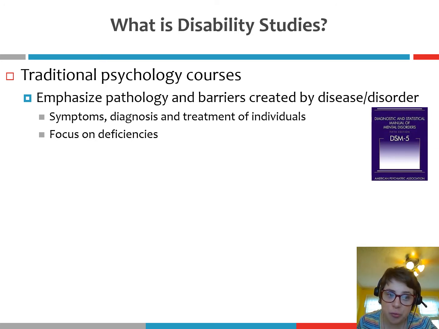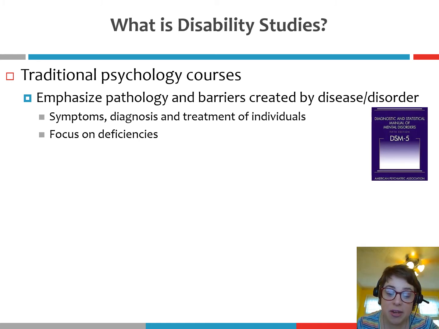So as psychologists, we tend to emphasize, for example, individual symptoms and diagnoses that are reflective of those symptoms. So we do various diagnostic inventories to try to explain the disorder that would result in those symptoms. And we also focus a lot on treatment, whether that treatment is a particular medication or a particular therapeutic intervention, right?